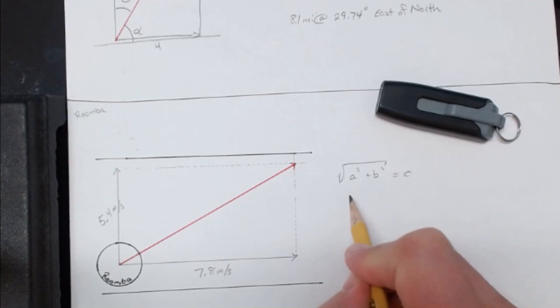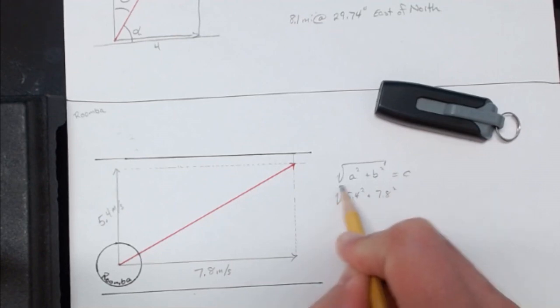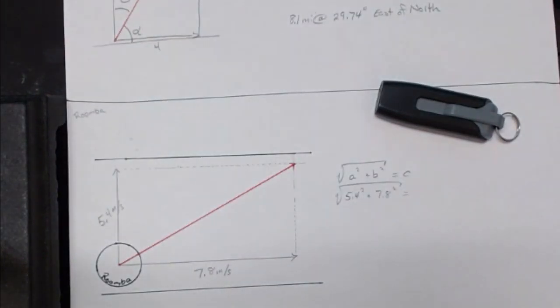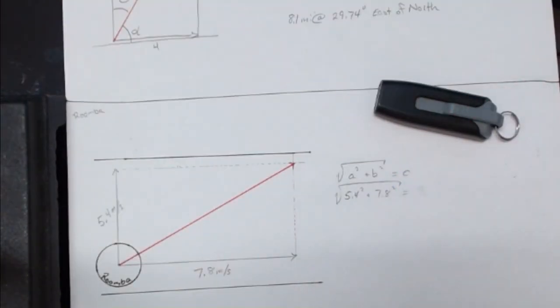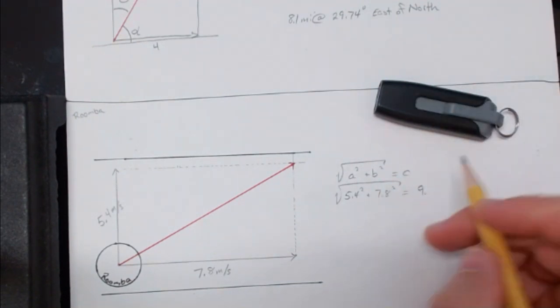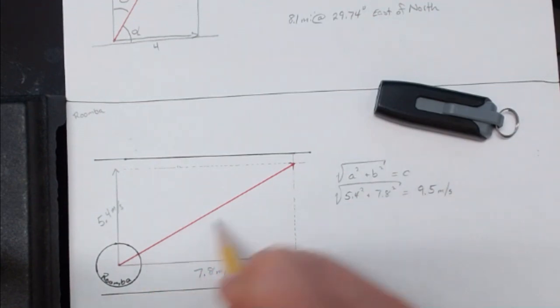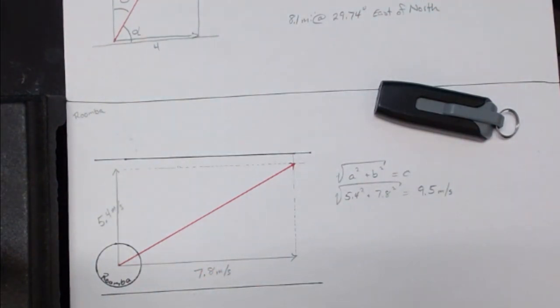So we plug those in. Doesn't really matter what you choose. I'm going to do 5.4 squared plus 7.8 squared. Take the square root of that, and what do I get? 9.49. Okay, so to 2 sig figs, 9.5. Now that's zipping. That's moving pretty darn quick.